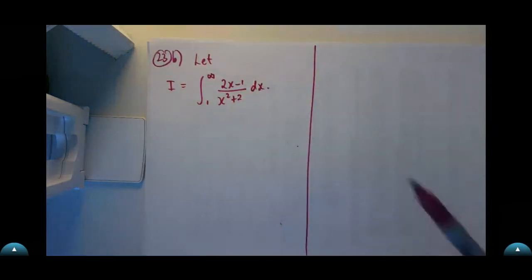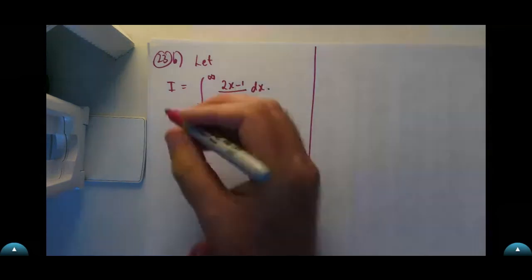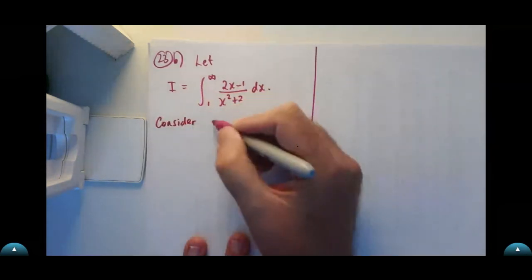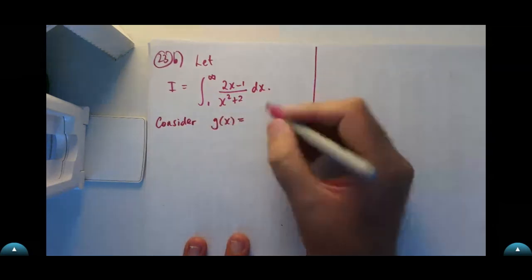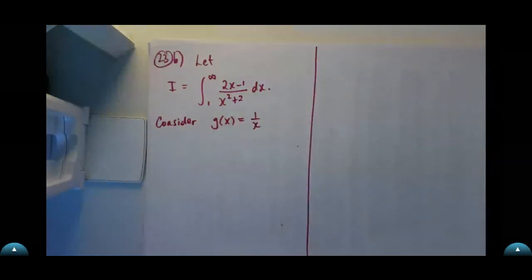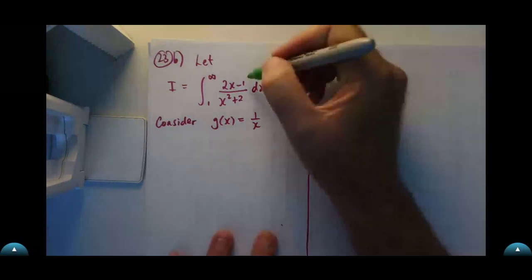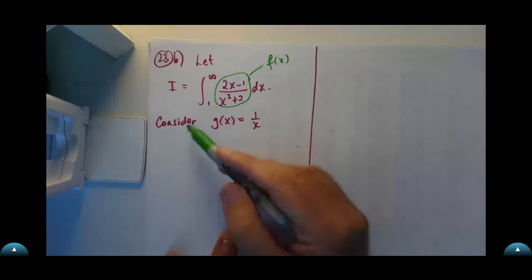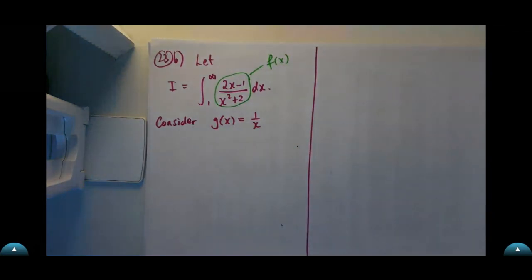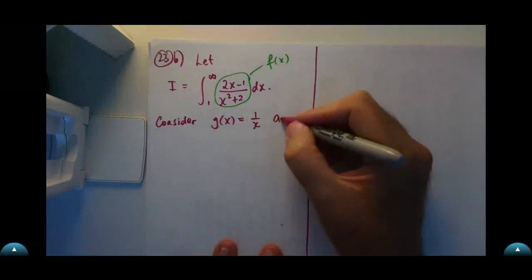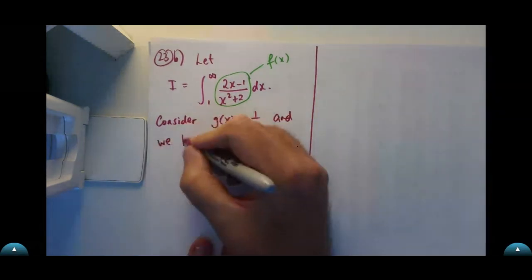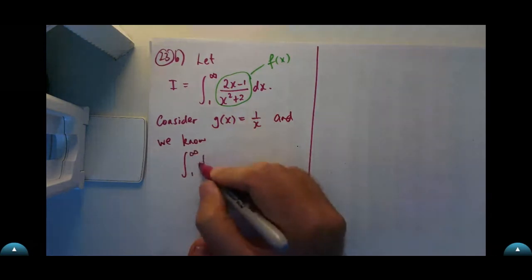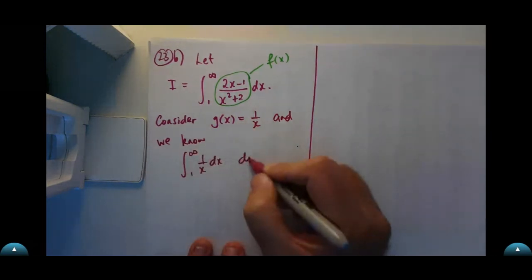Okay, so I'm going to consider 1 on x. Okay, so I'm going to let this be my f of x, and I'm going to choose this, right? And we know that the integral of this diverges.